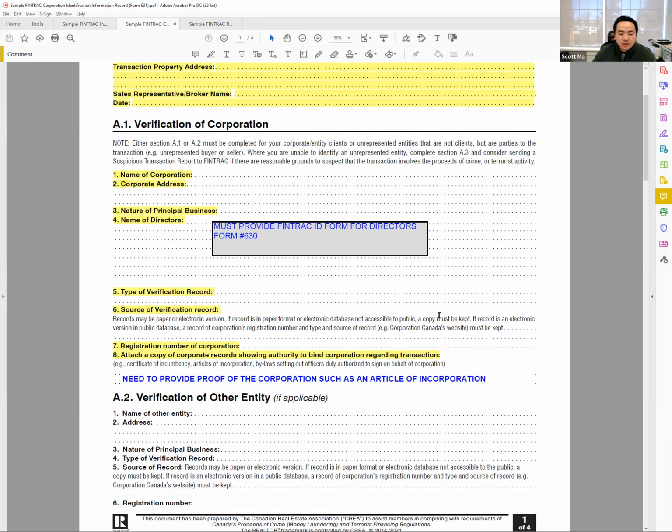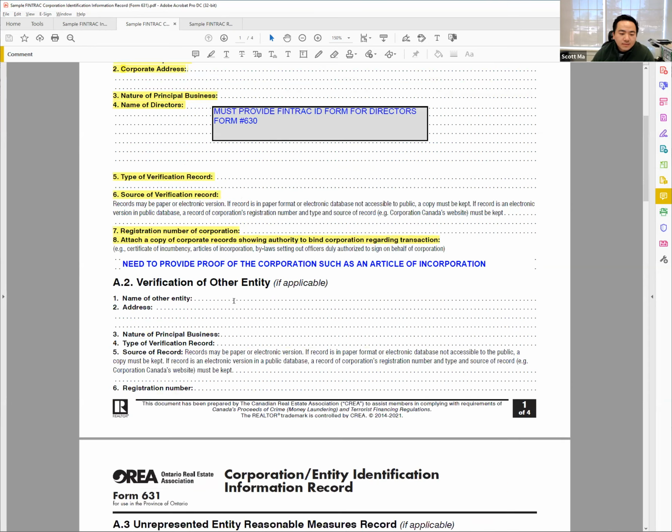So you have to make sure you fill this out and attach a copy showing that this person has the authority to bind the corporation. So that may be the articles showing who the directors are, or the share register showing who owns shares of the company, if those are the people who are signing.